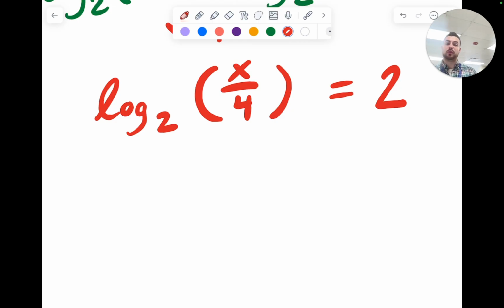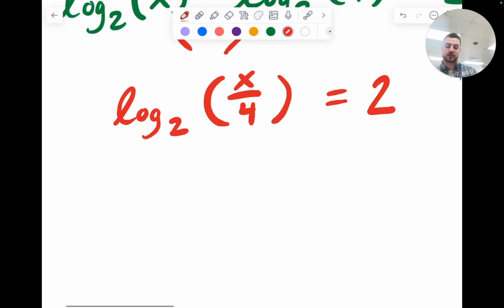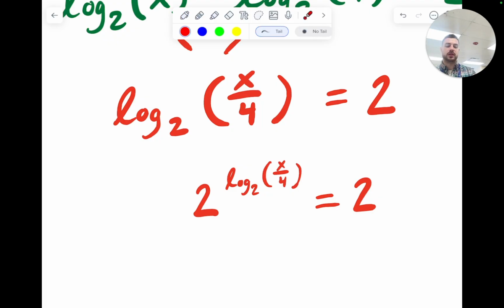So we're going to complete the process called exponentiation, where I'm creating an exponent, and each side is going to be the exponent. I've done it to one side. Now I'm going to do the same base on the other, and then take my exponent as what was left on that side.